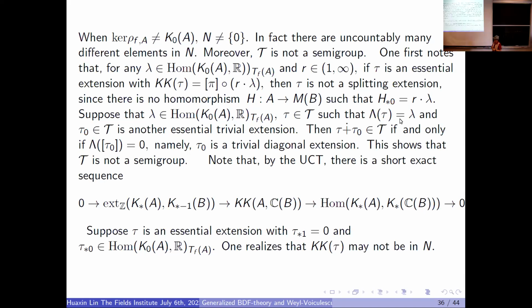If you look at all the extensions, yes, it's unitary equivalence, and addition. It's like a BDF type, using an O2 containing. Yeah, so therefore, in particular, you have an element which is zero as a KK element, but that one may not be trivial, not correspond to the splitting ones. Okay, so the extensions form a group.